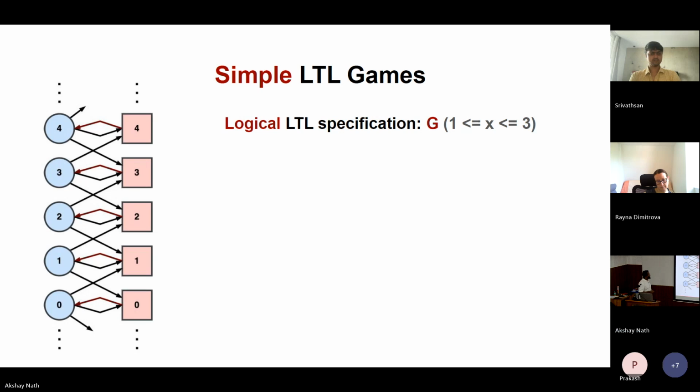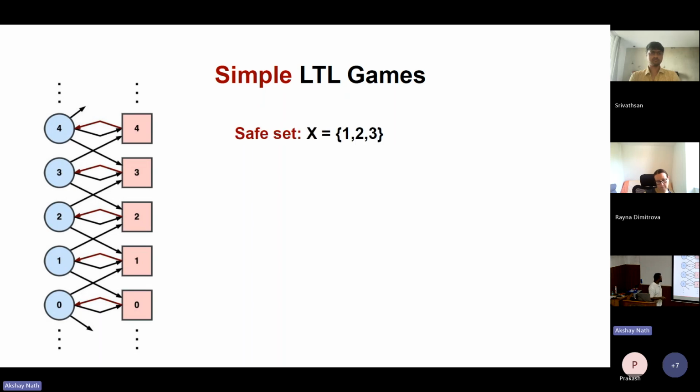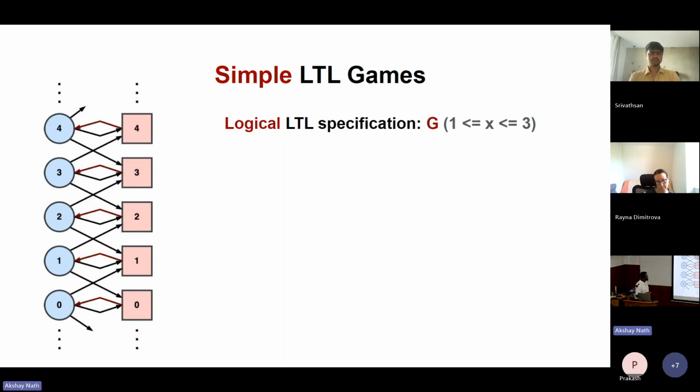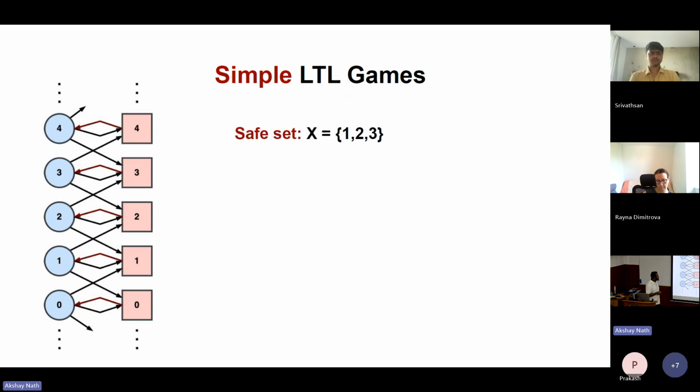We have the specification: starting from a state, find the set of states from where I have a strategy so that every play stays within x between 1 and 3. Now I'll move to sets. You can think of the set here, denoted by this, as the safe set X that you're interested in.